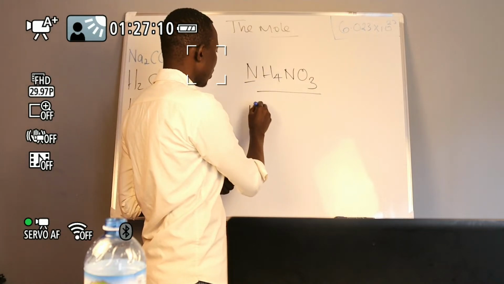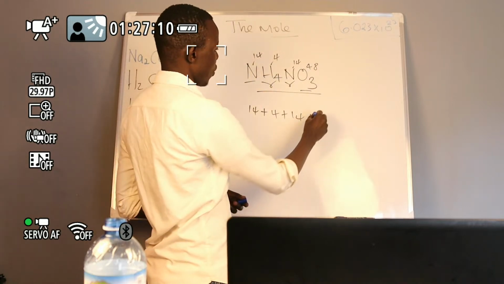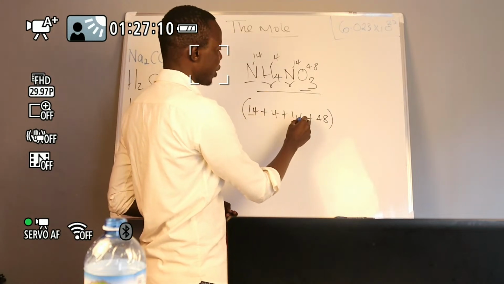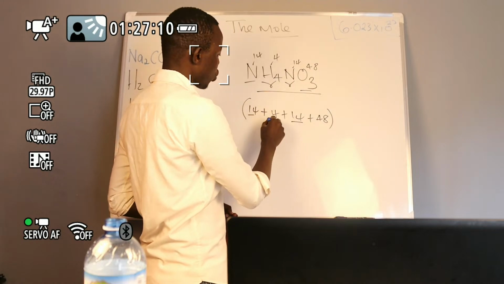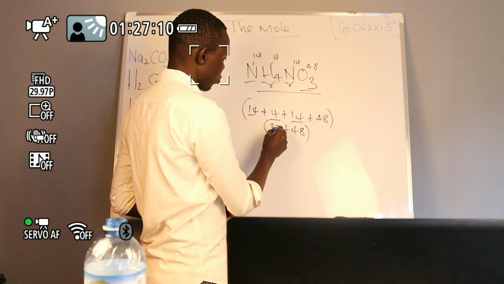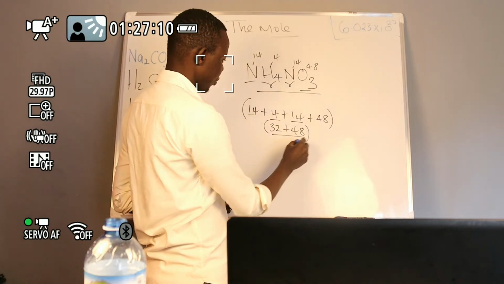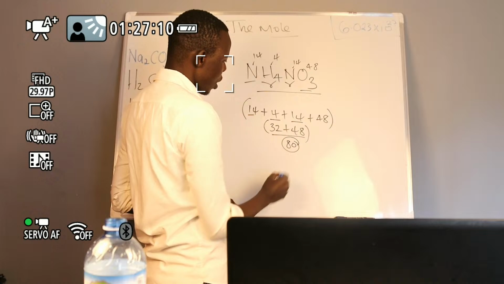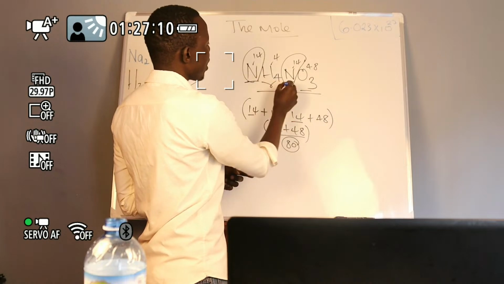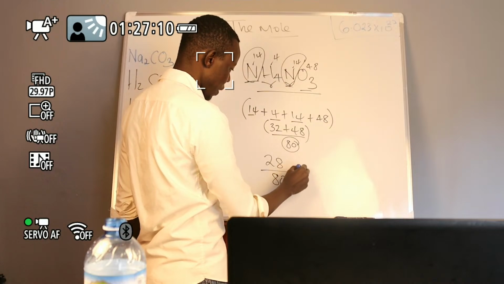Hii ni 4, hii ni another 14. 14 plus 14 hiyo ni 28. 28 plus 4 is 32, plus 48, which is 80. Now, because they want nitrogen alone, it's going to be 28 over 80 times 100.